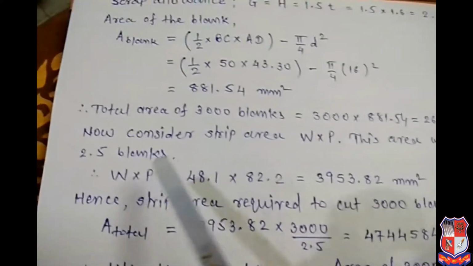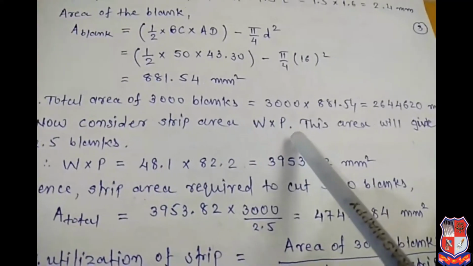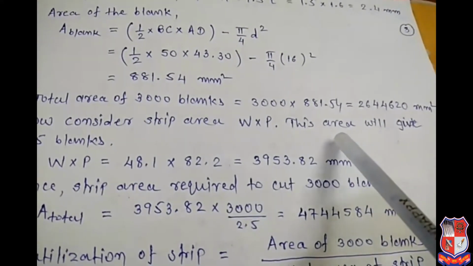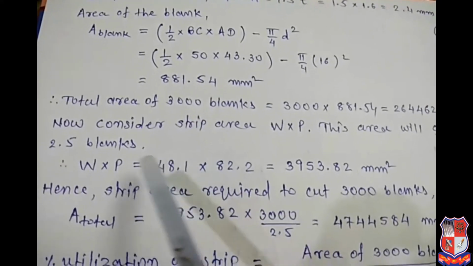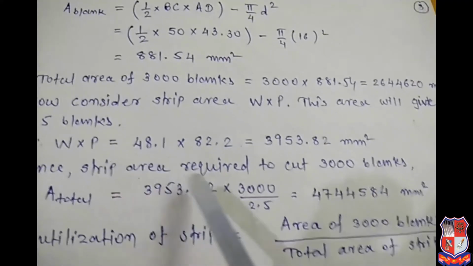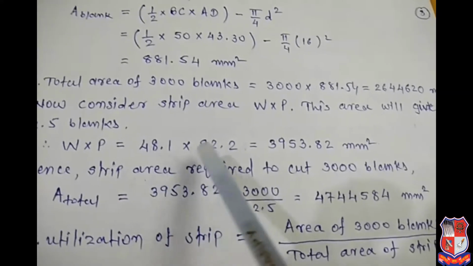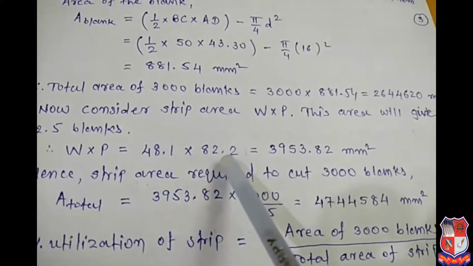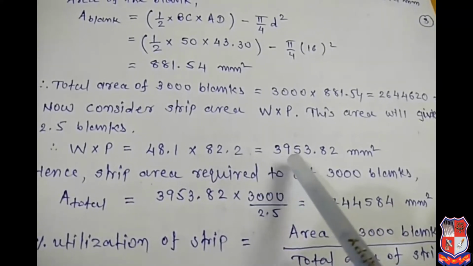Okay, now consider strip area W into P. As I have discussed earlier, this area will give you 2.5 blanks, right? So W into P, what will be the area? It is W into P, 48.1 into 82.2. This will come around 3953.82 mm square.